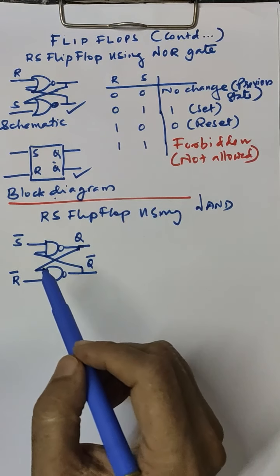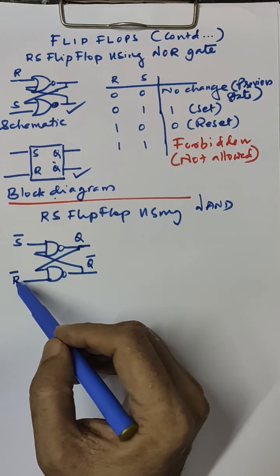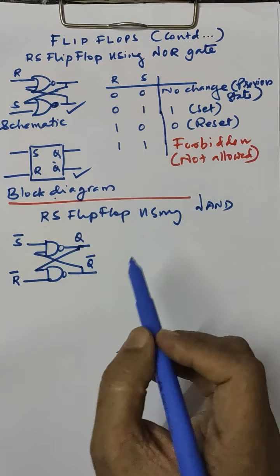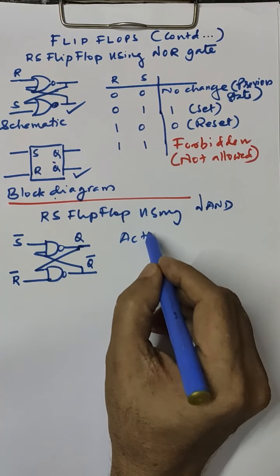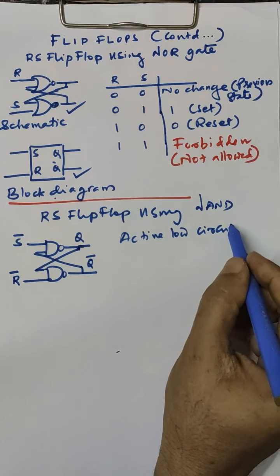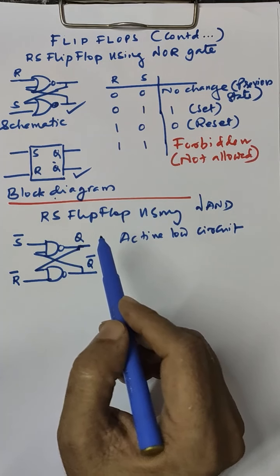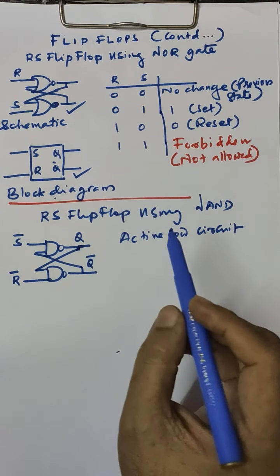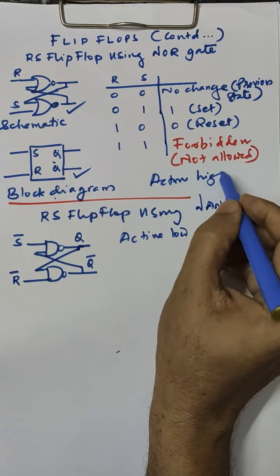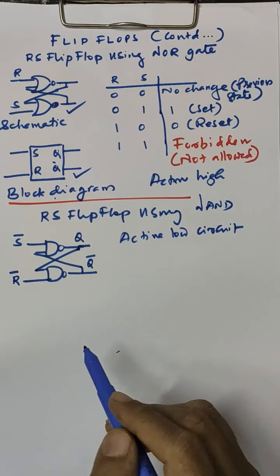Here you can notice that instead of writing R and S, I have written R bar and S bar, which means this is an active low circuit. While the other one, the flip-flop using NOR gate, is known as active high, which means the desired state is obtained by applying a 1 at the corresponding input.